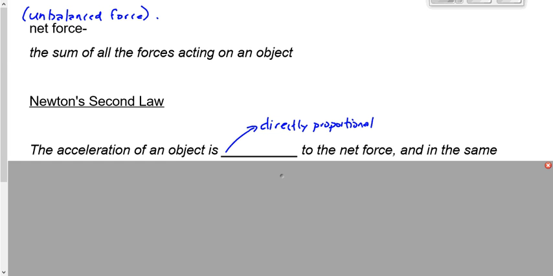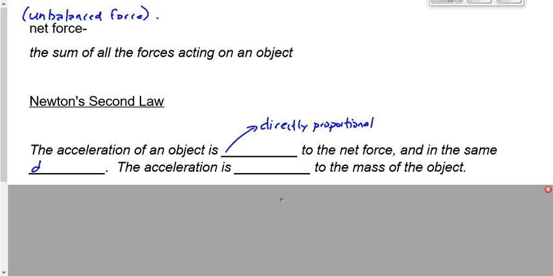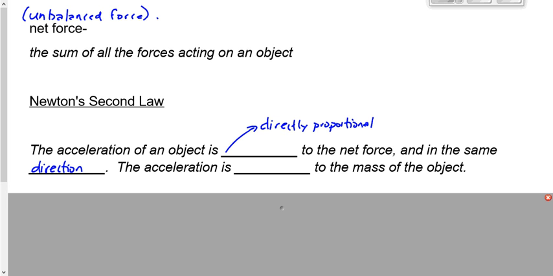As net force changes, the acceleration changes in the same direction. Now, the second part of Newton's second law is that the acceleration is inversely proportional to the mass. That means as the mass gets bigger, the acceleration gets smaller. Bigger force, bigger acceleration. Bigger mass, smaller acceleration. That should make some sense to us, right?